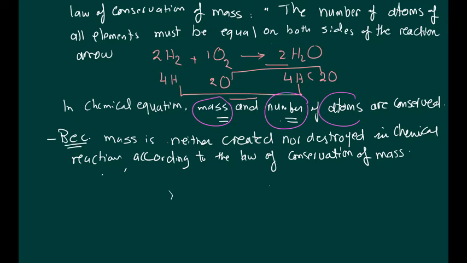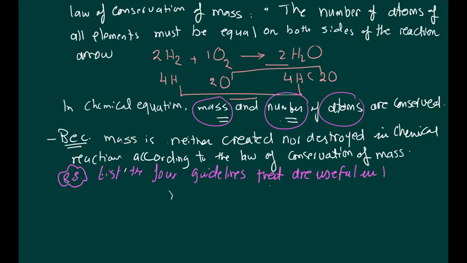Next, KPI 8.8: list the 4 guidelines that are useful in balancing an equation. So, first thing is to balance different types of atoms one at a time.